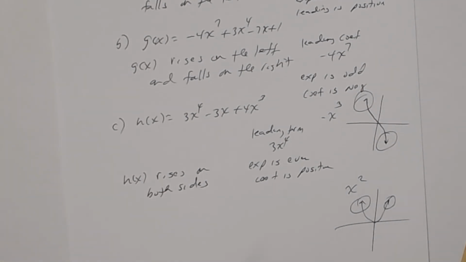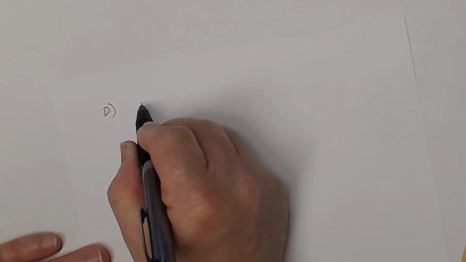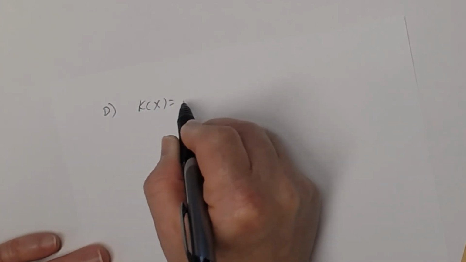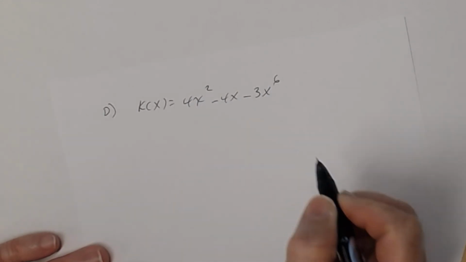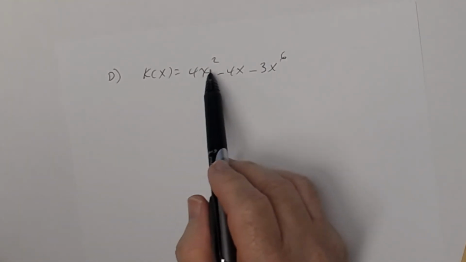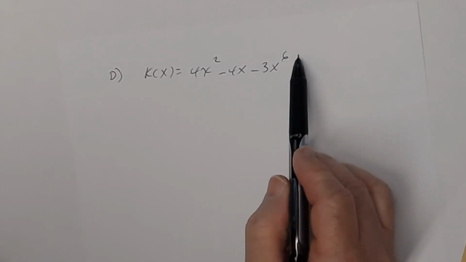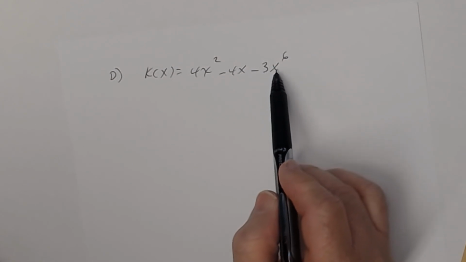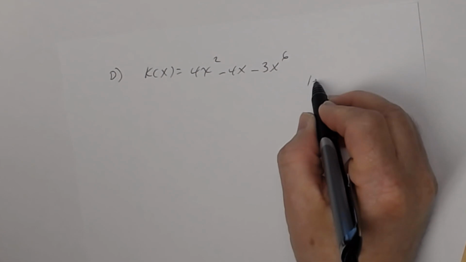All right, let's look at D. We have k of x equals 4x squared minus 4x minus 3x to the sixth. Remember, you have to look for the leading term, and it doesn't always mean the first term you see. The largest exponent gives the leading term, negative 3x to the sixth. Since it's negative, you have to keep the sign.